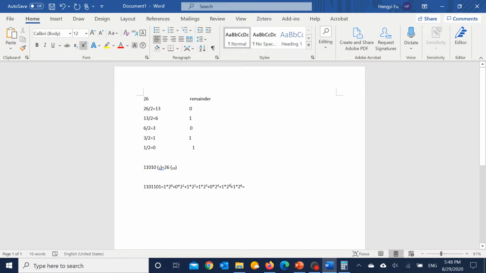And then add those numbers together. So 2 to the power of 0 is 1, so this is a 1 and 0, 4, 8, 0, 32 and 64.